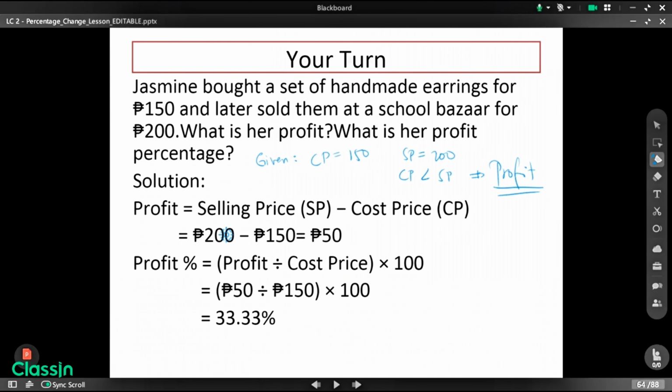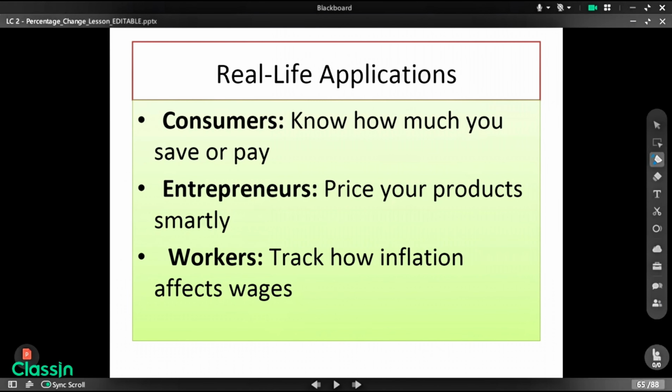So in this case, we need to subtract the selling price minus cost price, so we will have a 50 pesos profit. And for the percentage, 50 divided by 150, times 100, we will have 33.33%.